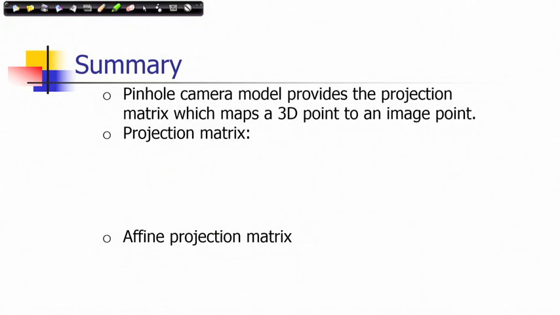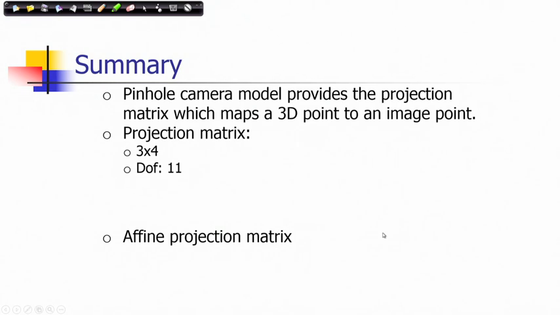First, the pinhole camera model provides a projection matrix which maps a 3-dimensional point to an image point, and the projection matrix has a known structure. It is a 3 cross 4 matrix, a mapping from the 3-dimensional world to a 2-dimensional plane, and it has 11 degrees of freedom.